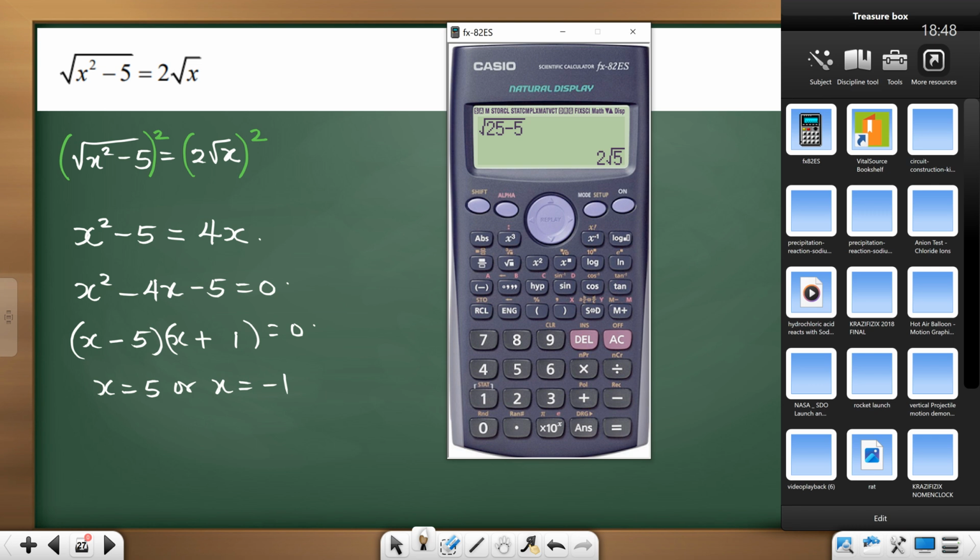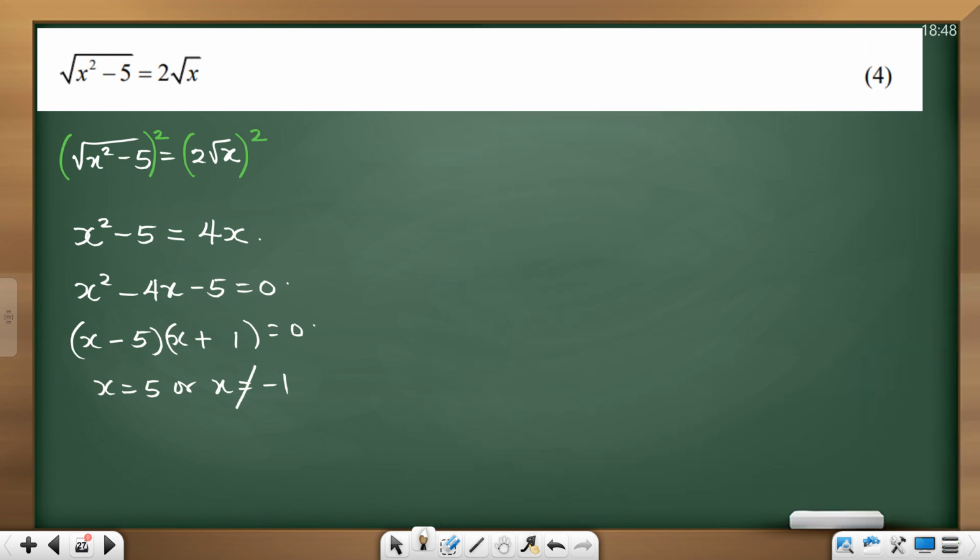Guys, automatically the -1 cannot work because I can't even find the square root of a negative. On the right-hand side, check, it's giving me an error. So what do you do? You put that there, saying it cannot be. Important: 5 steps. Please take those 5 steps and work with them.